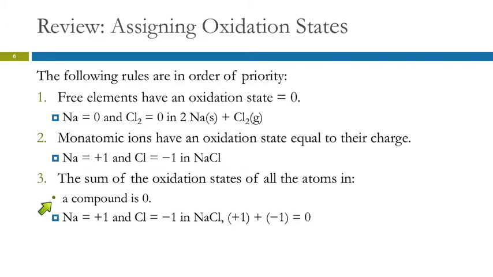The sum of oxidation states of all atoms in a compound is 0. So if overall there is no charge on the molecule, all the oxidation states have to add up to 0. So sodium chloride overall has no charge. So all the oxidation states have to add up to 0.